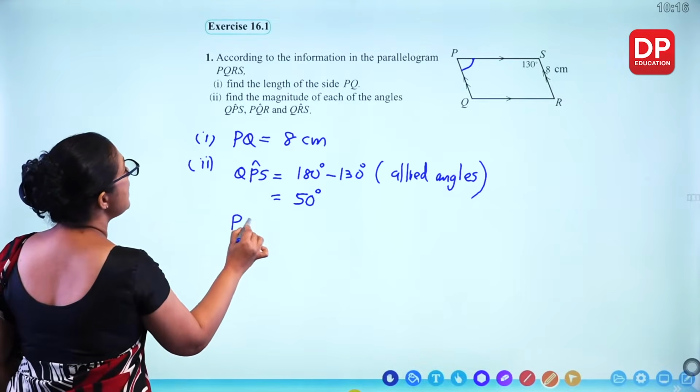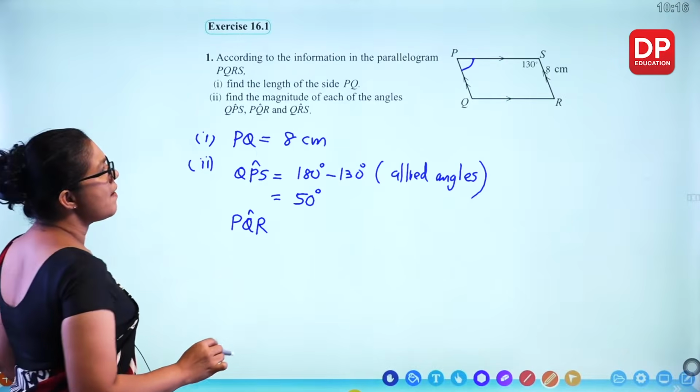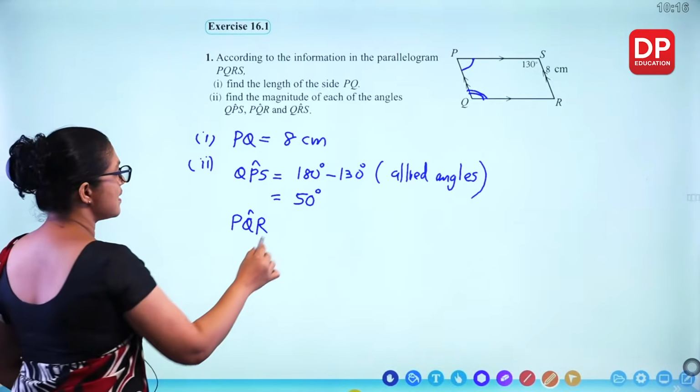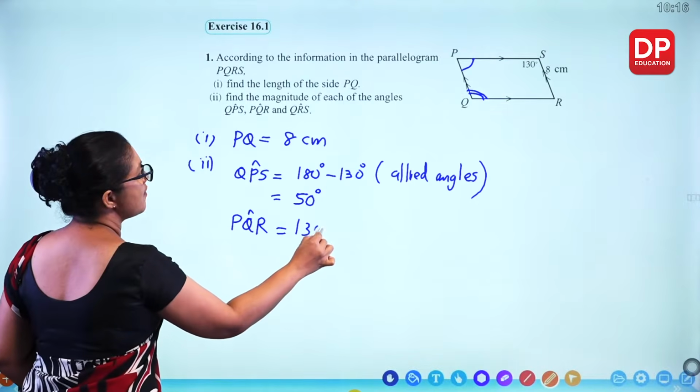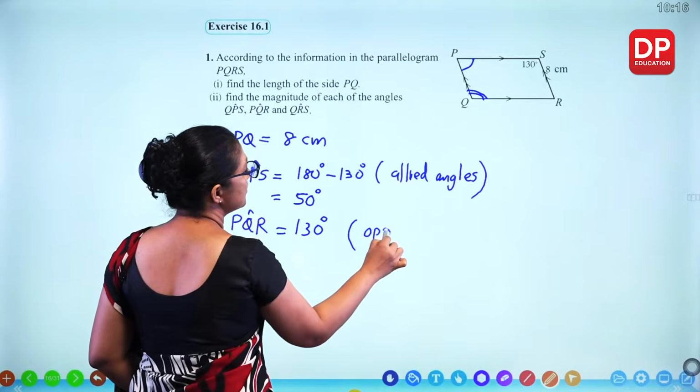Then we want PQR angle. PQR angle is the opposite angle to S. That's straight away 130 degrees, opposite angle.